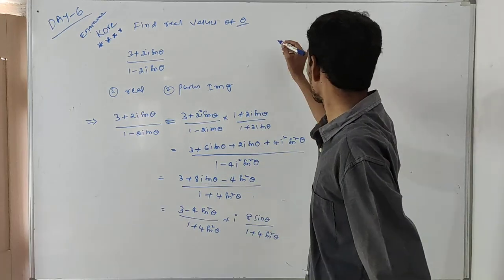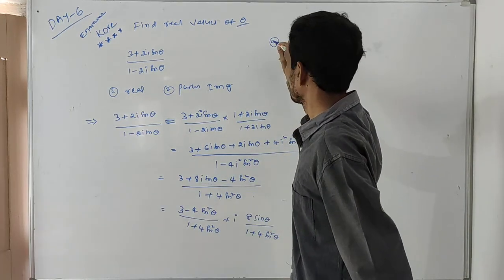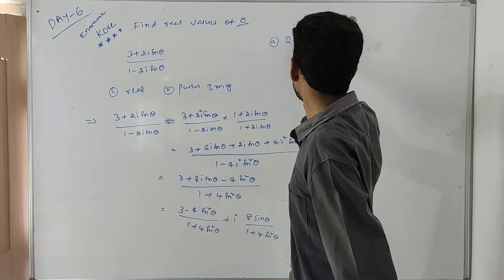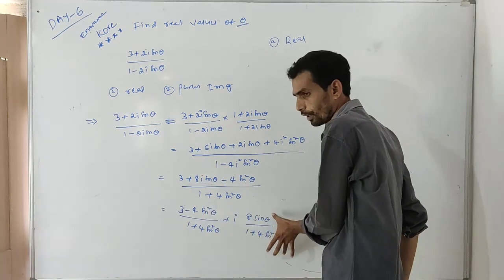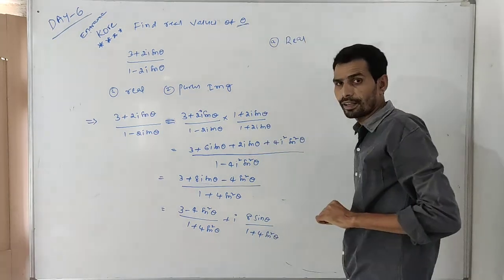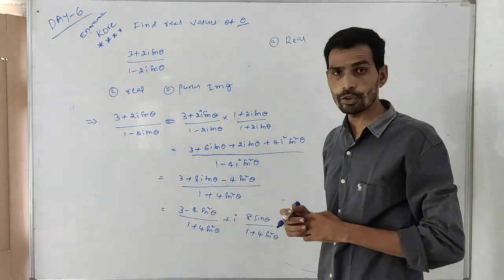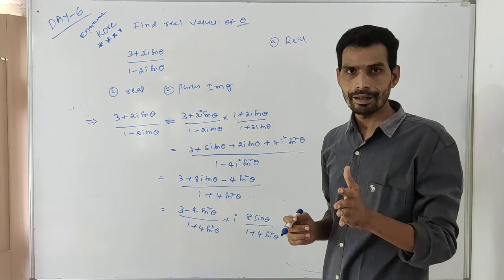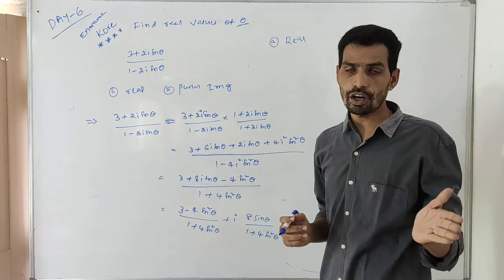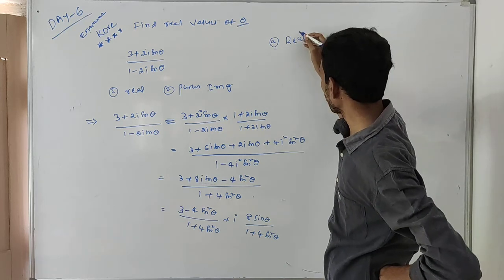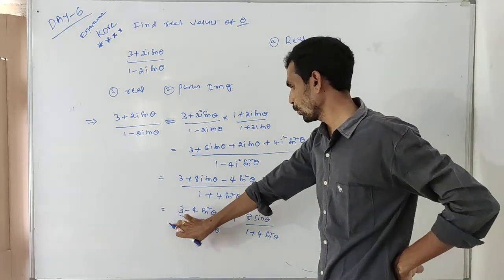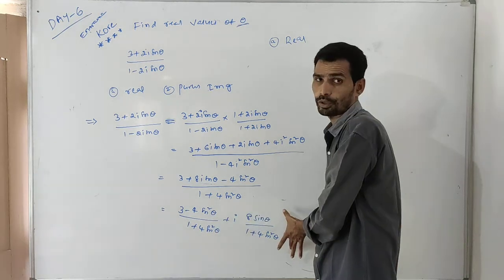But what is the asked question? The first question is, is it real? The given expression is a real part plus imaginary part. What do you want? You want only real. If you want real, imaginary is 0. If you want imaginary, real is 0. The most important concept here is the combination of two terms, real part plus imaginary part.